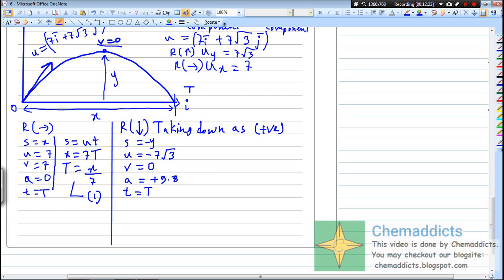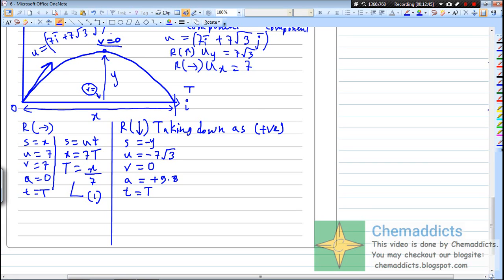We are using the displacement as minus y, but we don't know the final velocity over here, so we are not going to use it, since this velocity wouldn't be 0 over here.